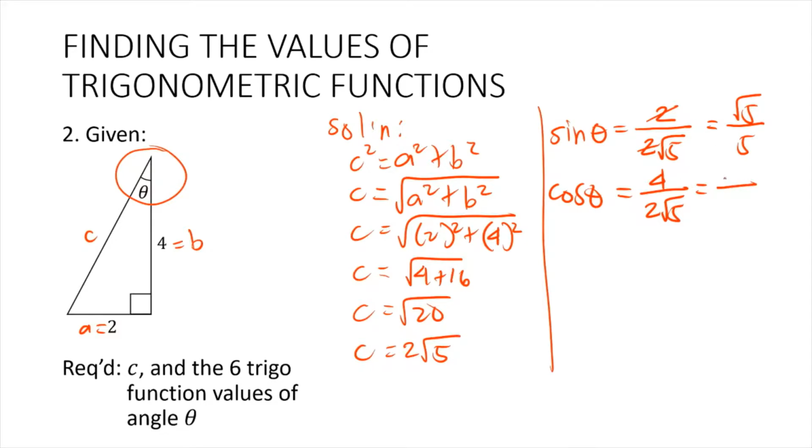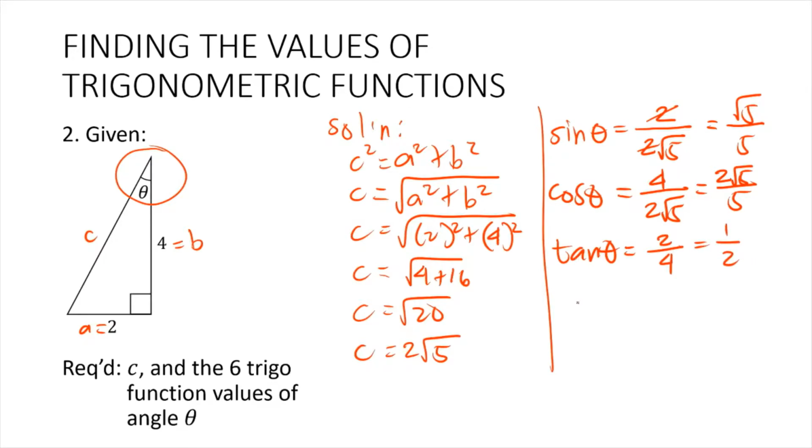So we get 2 square root of 5/5. Okay, next, tangent of angle theta. Tangent is the ratio between the opposite side and the adjacent side. So 2 divided by 4, that is 1/2.